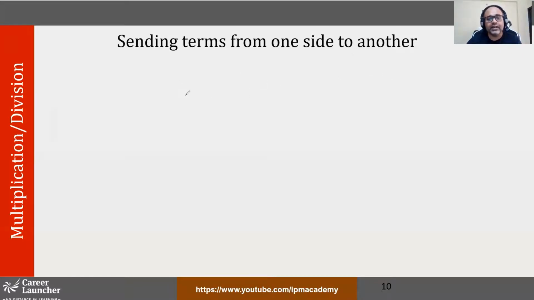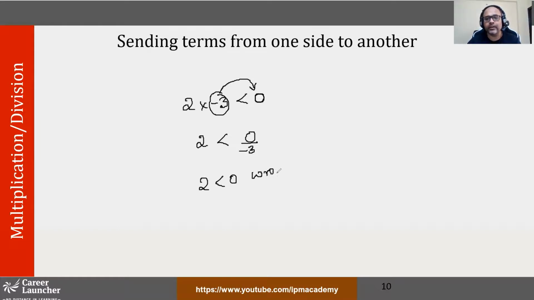So what is that? Let me take numerical examples to help you. 2 into minus 3, definitely this is less than 0, correct? It is negative 6. But if you send this negative value, which is multiplying, to the right hand side, then notice what happens if you keep it as it is. 0 by minus 3. And what do you get? You will end up getting 2 less than 0, which is wrong.